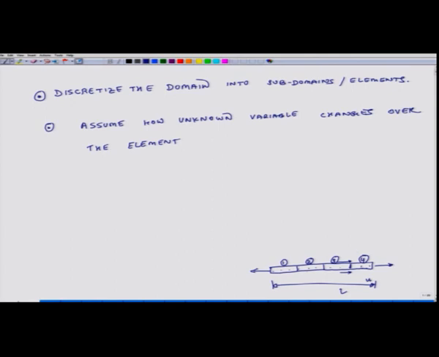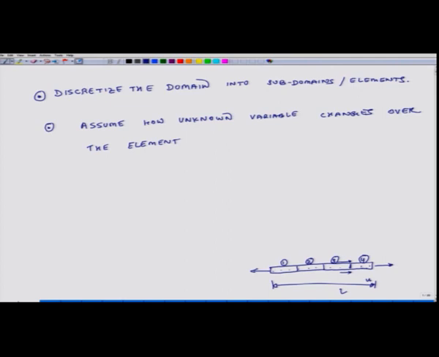Then the second step is that we assume how u varies over each element. We do not know the value of u at each point, but we assume how u varies over each element. I can assume that u is constant over element 1, it could also be constant over element 2, element 3, and so on.